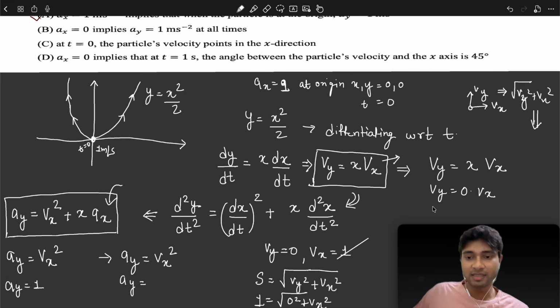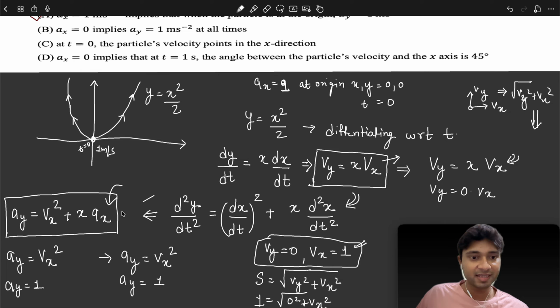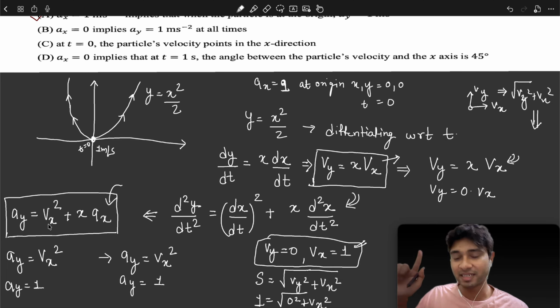Why? Because at x equal to 0, this holds true always: at x equal to 0, Vy will be 0, so Vx should be 1. So Vx equal to 1 means Ay will be equal to 1. If Ax is 0, Vx will remain constant, because acceleration in the x direction is 0.